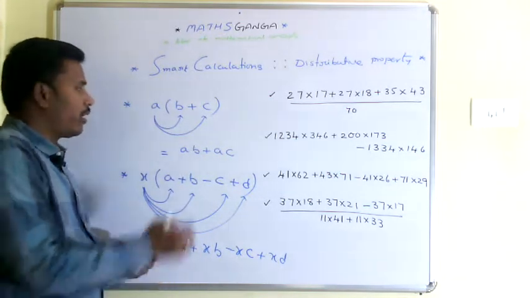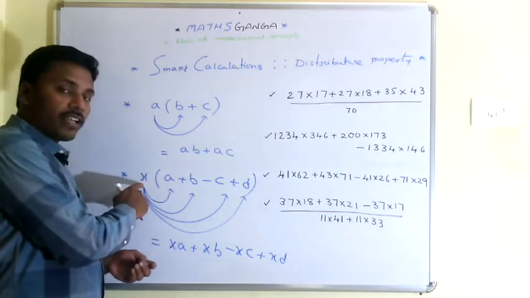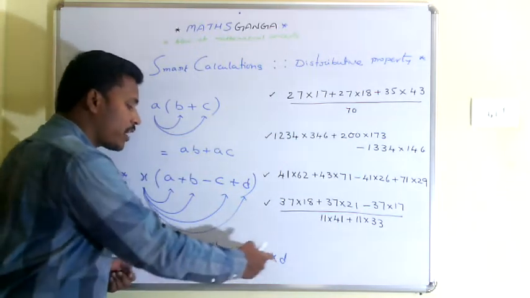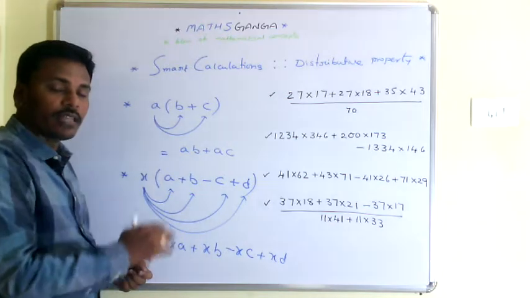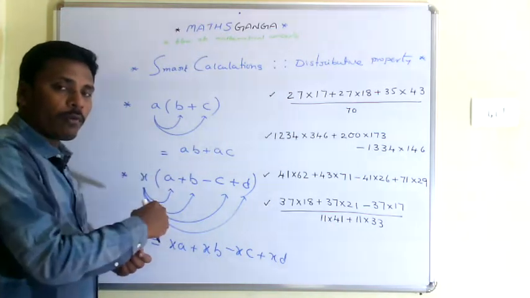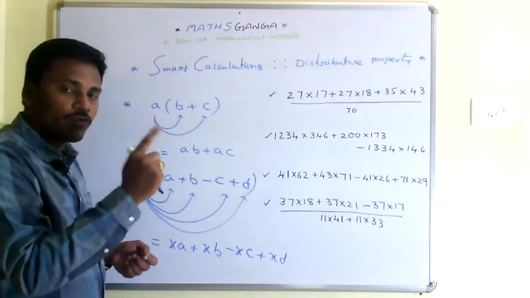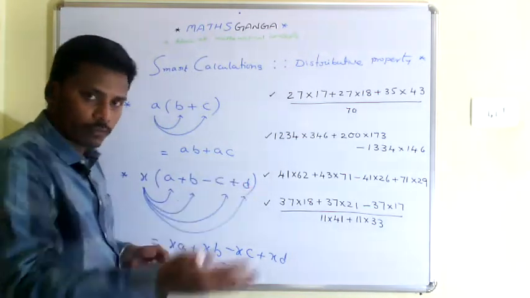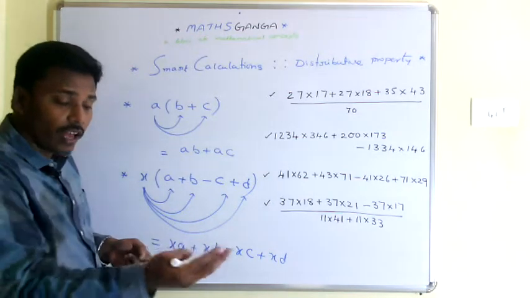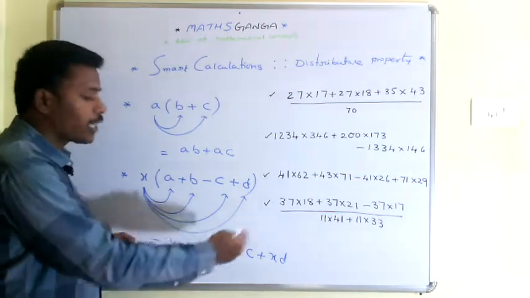In the same way, if x is outside, we distribute it to each and every term. If every term of an expression has a common factor like x, we can collect it back also. The property works in two ways. In the first way, we distribute to each and every term. In the second way, we collect from each and every term of the expression.